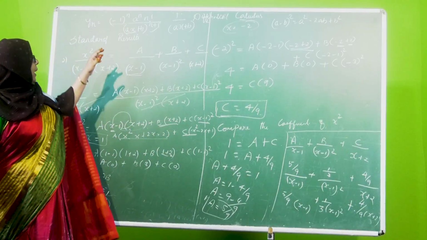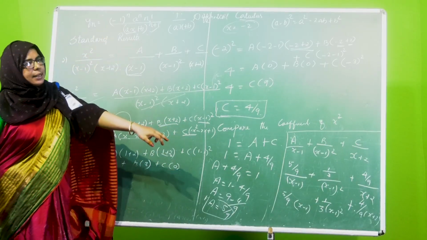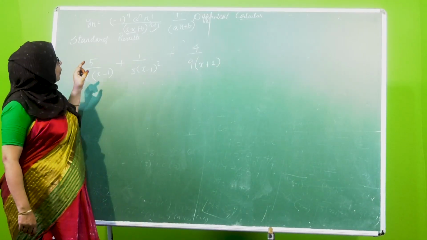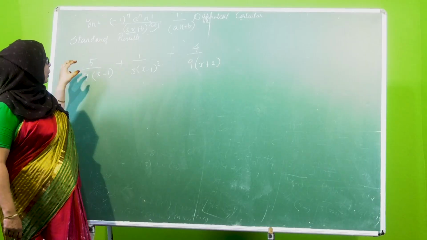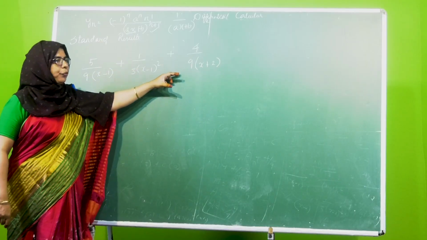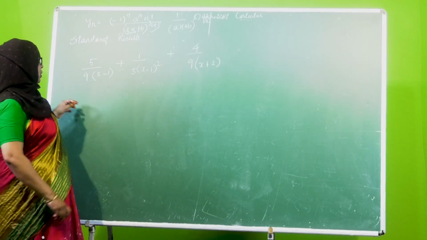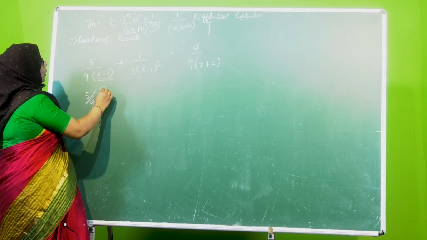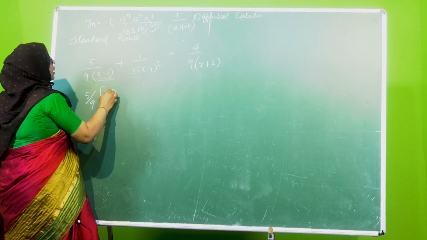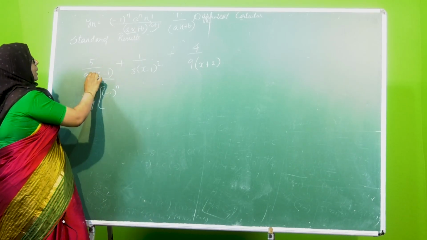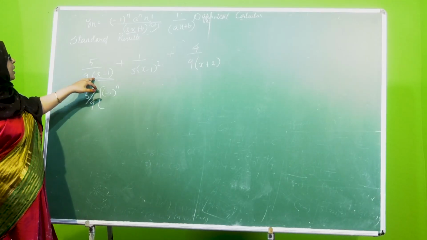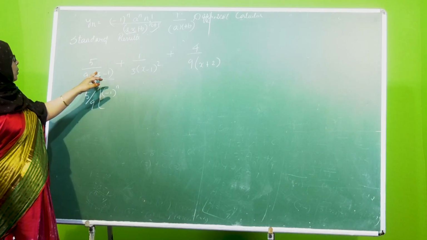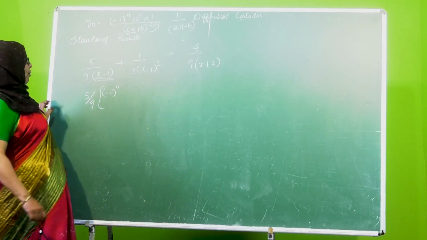So now we apply the standard result. We have to apply the standard result for each and every term of this partial fraction. So for 5 by 9, what is the standard result? Minus 1 whole power n. What is a? The coefficient of x is a, and 1 is the coefficient of x.